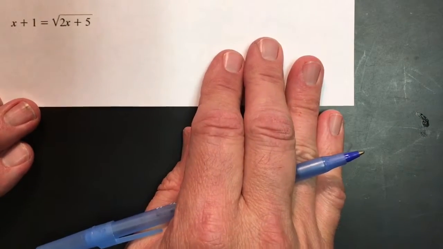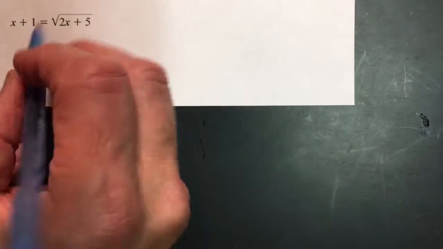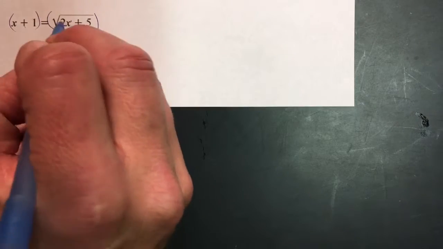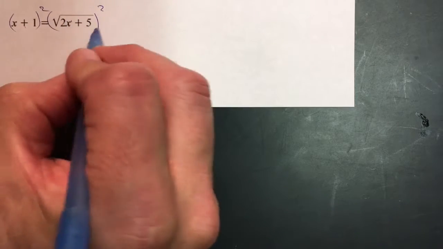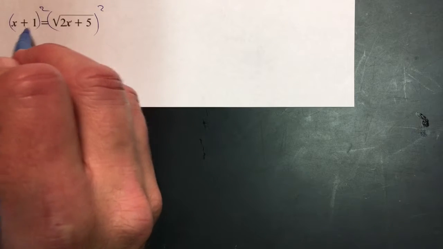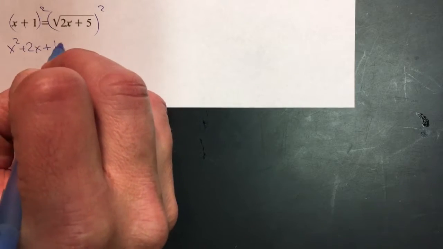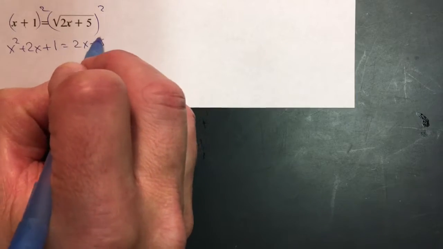Here, it's not on your worksheet, but just another one where we might check for extraneous answers. You square both sides. So squaring here gets rid of the square root. Square this, you got to do the FOIL, so you have x squared plus 2x plus 1 equals 2x plus 5.